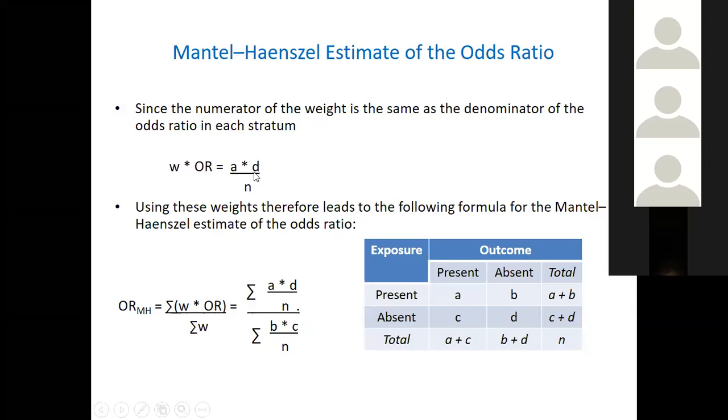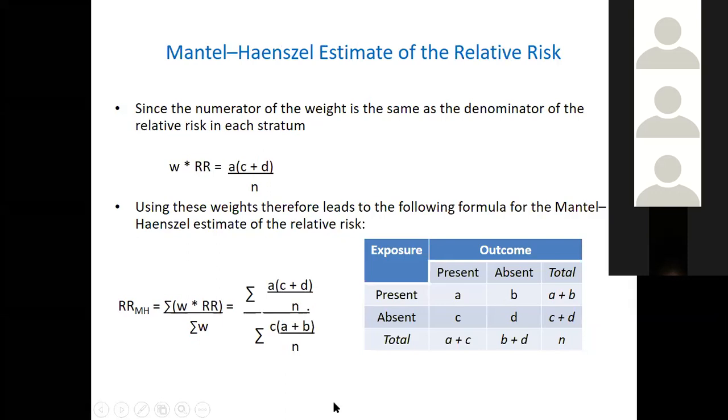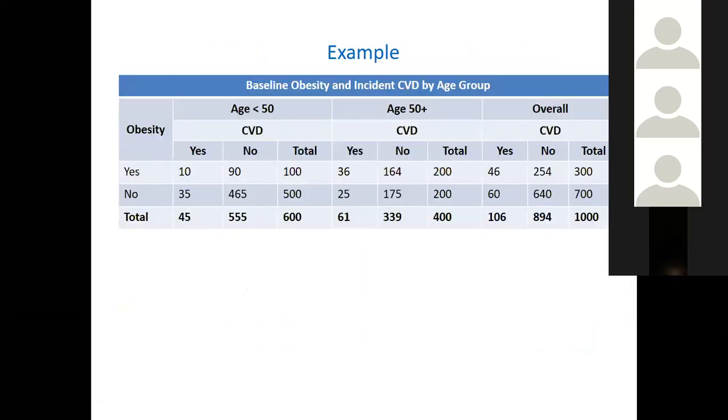We have already substituted here: WOR is the same thing as AD all over N, and the weight is BC all over N. So you now put this over this, and that's what brought this formula. The same manipulation goes for relative risk. So let's look at the example and solve it.